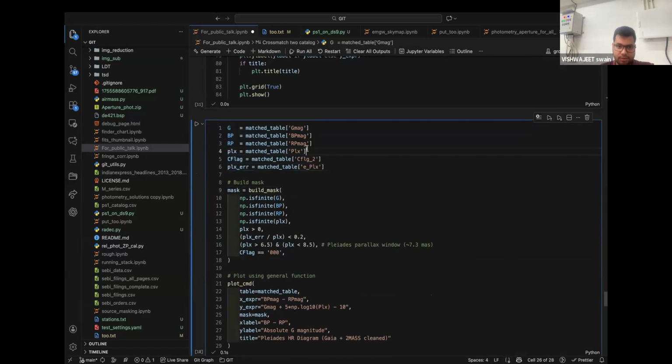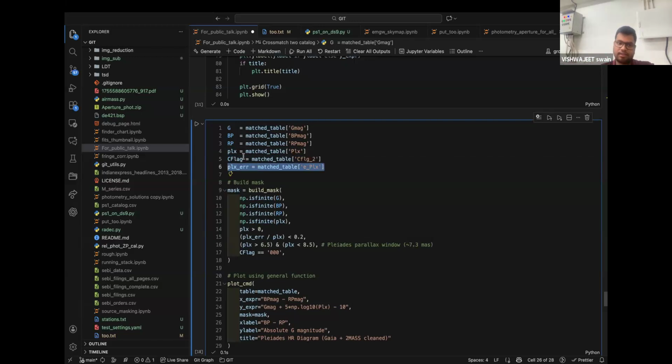For example, I want to extract all the information from the table. One is the Gaia G, BP, and RP band magnitudes, and then I extracted the parallax from the Gaia column, and then I extract the C flag from the 2MASS. This is a flag showing that if the C flag is 000, then it means it's a good source and a real source.